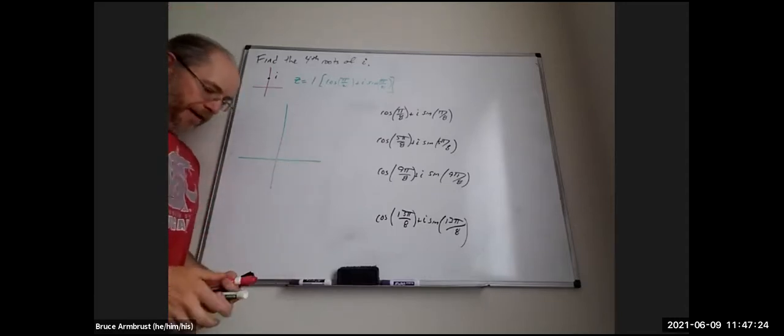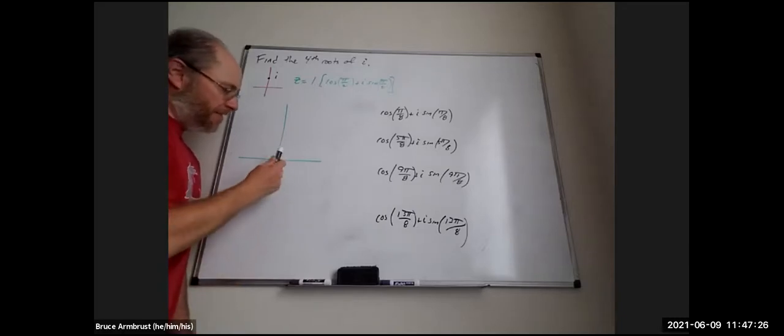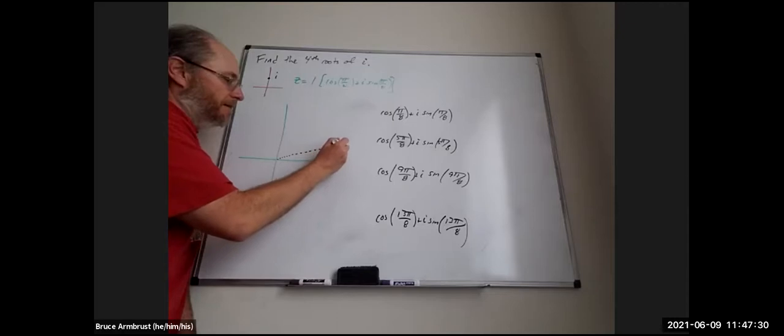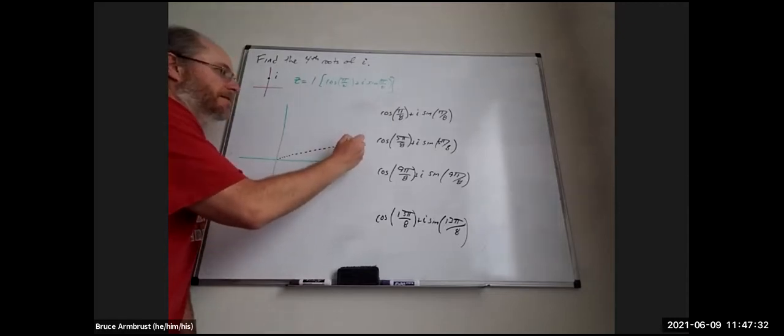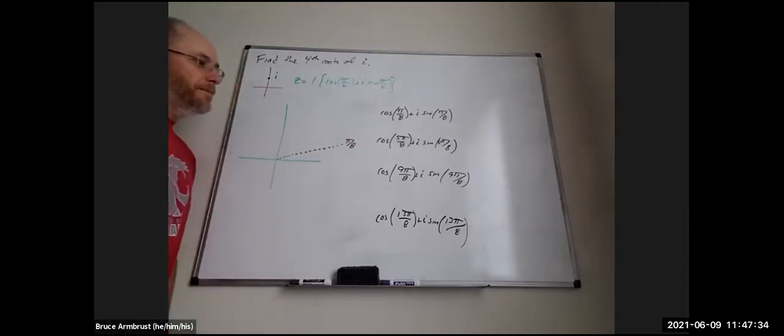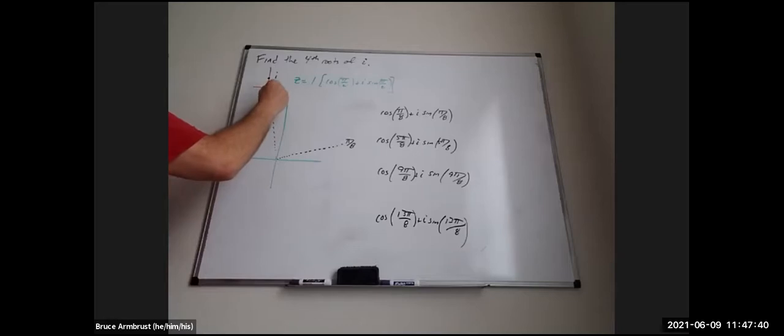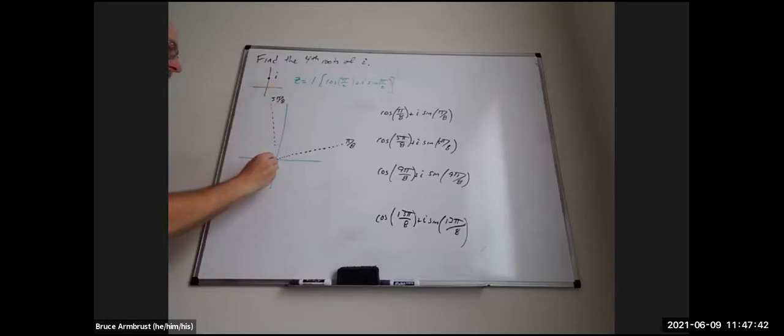All right, so pi over 8, that's down here somewhere. 5 pi over 8, that's up here. 9 pi over 8 is down in the third quadrant.